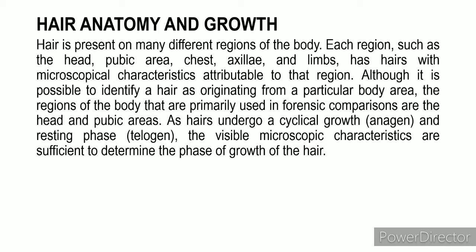Although it is possible to identify a hair as originating from a particular body area, the regions of the body that are primarily used in forensic comparisons are the head and pubic areas, as hairs undergo a cyclical growth, anagen, and resting phase, telogen.